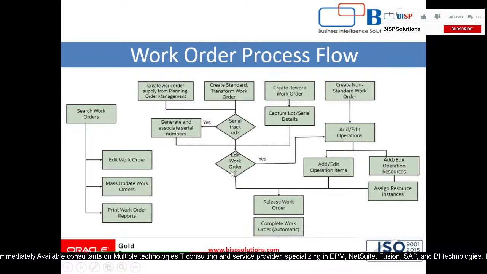You can edit the work order, the process of how we create the standard work order, and later on we'll see in our upcoming session rework work order and non-standard work orders, transform work order, and how this process flows from creating the operation, adding the operation, adding the items, adding the resources, and how we release this work order, right? We'll see one by one.